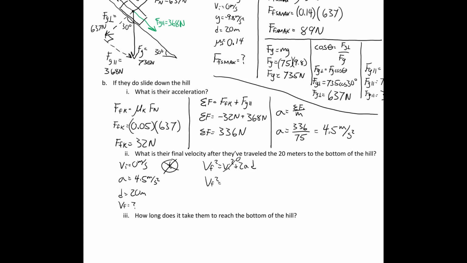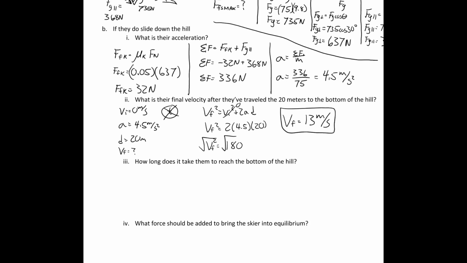VI is 0. 2 times 4.5 times 20. So VF squared is equal to 180. You take the square root of both sides, and VF is about 13 meters per second.